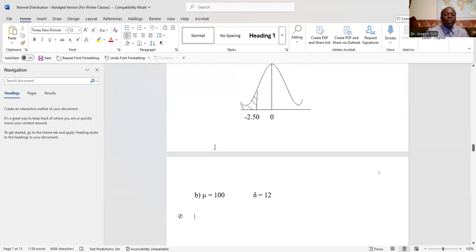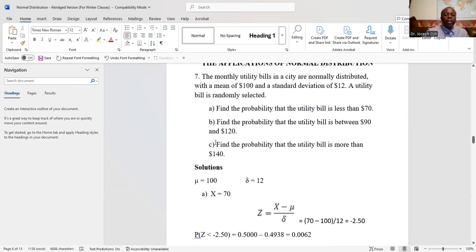So they want the probability that your utility bill is between $90 and $120. That means we have 2 x values. Unlike the one we just did, where we had only one x, this one will have 2 x's. The first one is 90, and the second one is 120. So we're going to transform both of them.